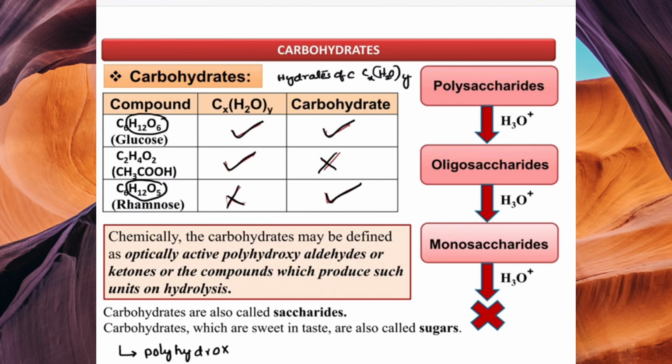Polyhydroxy aldehydes or ketones, which on hydrolysis give these compounds, we call carbohydrates. They are also called saccharides, because generally they are sweet in taste, hence we call them sugars. So the final definition is: polyhydroxy aldehydes or ketones, or compounds which on hydrolysis give these compounds, are called carbohydrates.